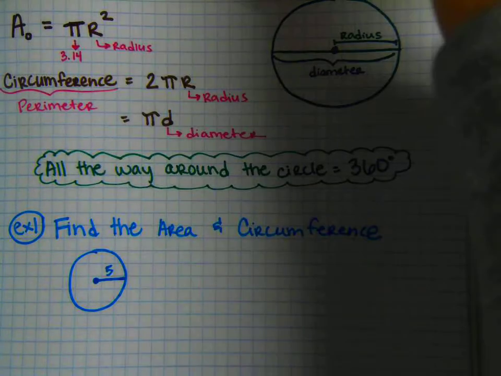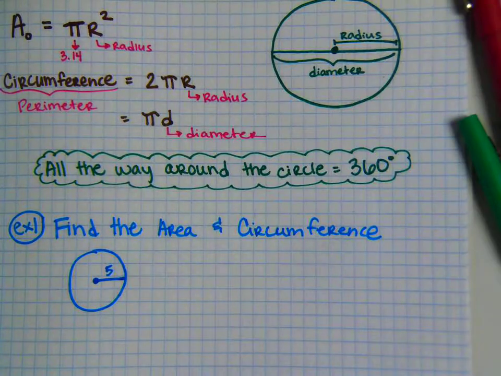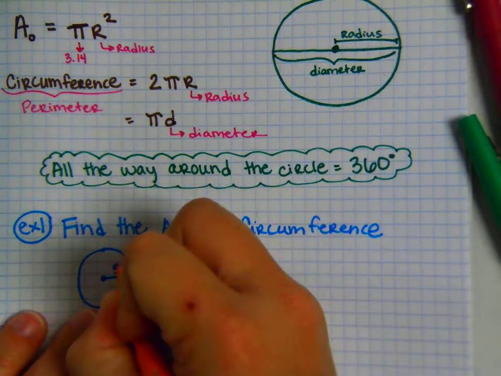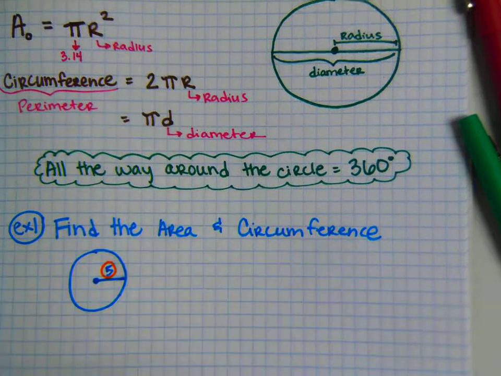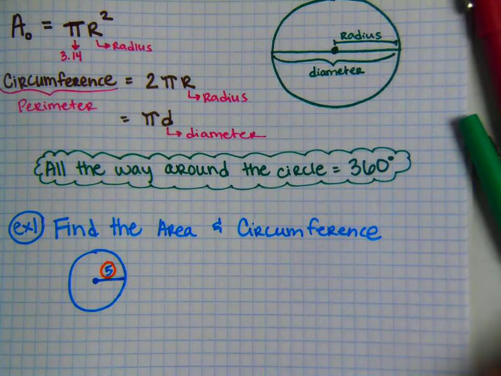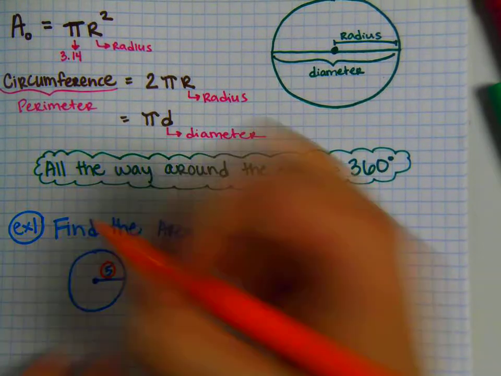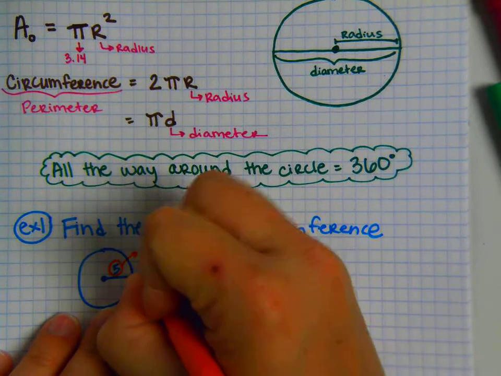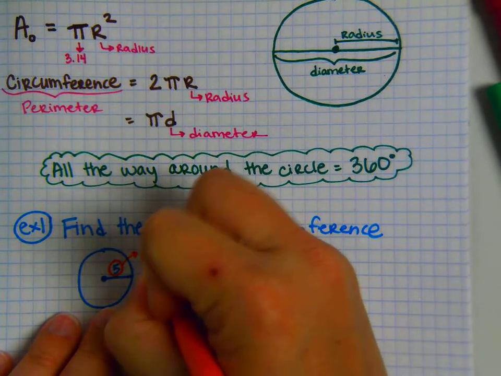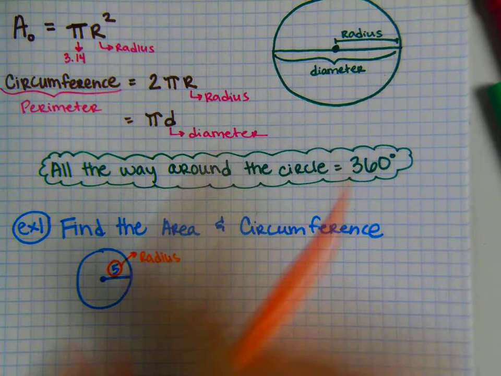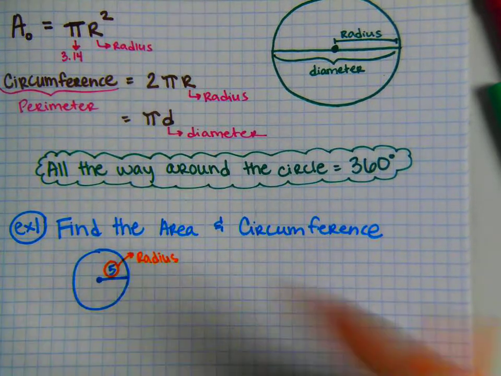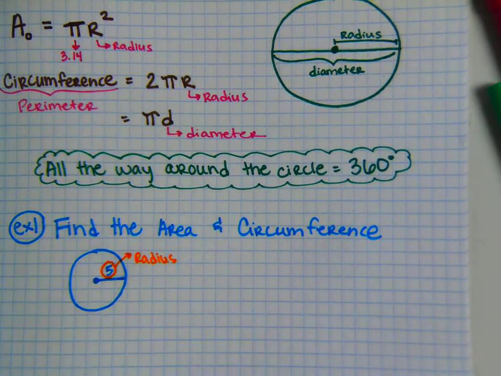So the first thing that we should look at is what information are we given? This 5. Is that 5 a radius or is it a diameter? That is a radius. We know it's a radius because it's only half the circle, so it has to be a radius.